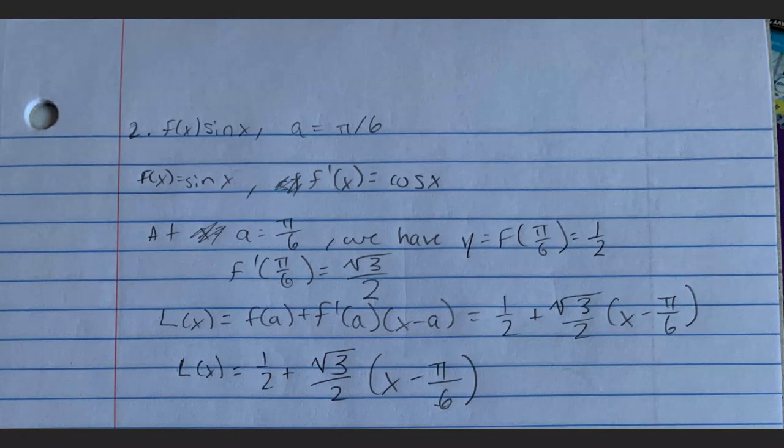And then we could also find the value of f prime, which is equal to radical 3 over 2. So the equation would be f of a plus f prime of a times x minus a. That equals 1/2 plus radical 3 over 2 times x minus pi over 6, and that goes out to be the equation at the bottom. Yeah, great. That's it. Any questions? Okay, thank you. Beautiful work. Thank you. You're welcome.